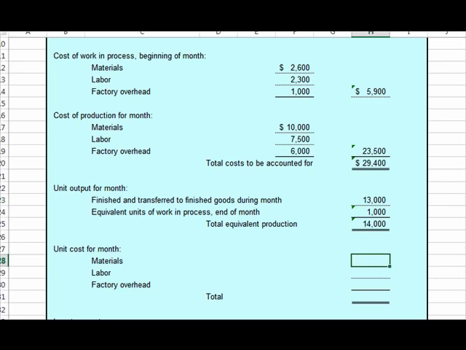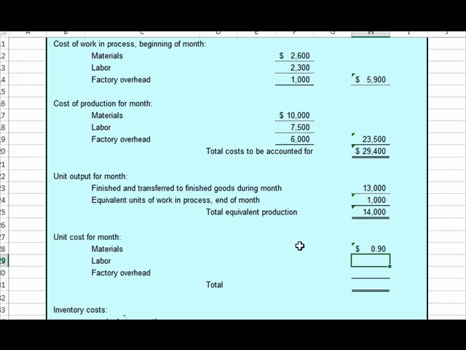So this is going to be equal to materials in beginning work in process, 2,600, plus our materials used during the month, the 10,000, and we're going to divide that by the 14,000, and that gets us 90 cents as our unit cost of materials during the month of October.